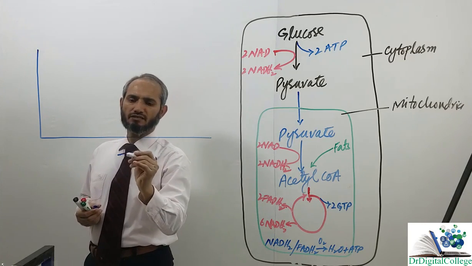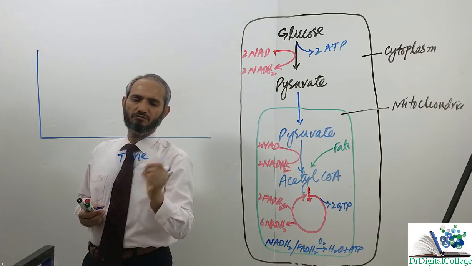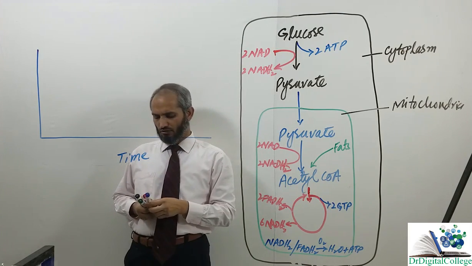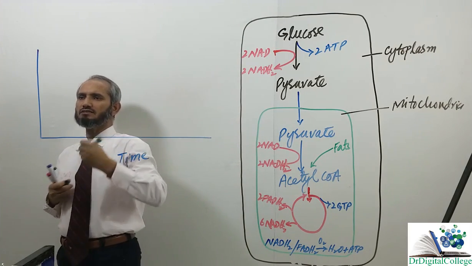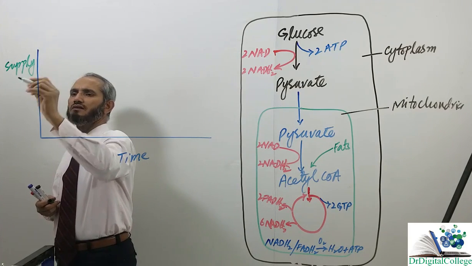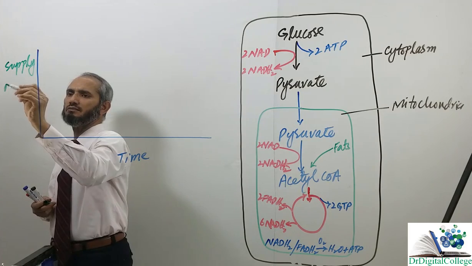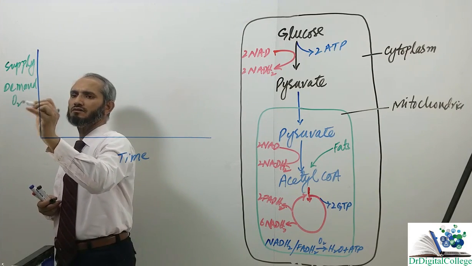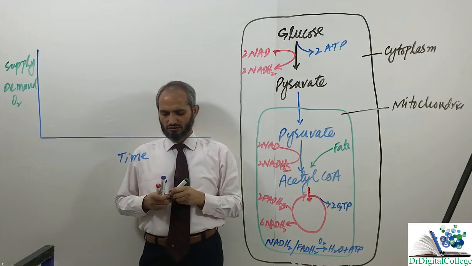On the x-axis I'm drawing the time of the exercise, and on the y-axis it is the supply and demand of oxygen.